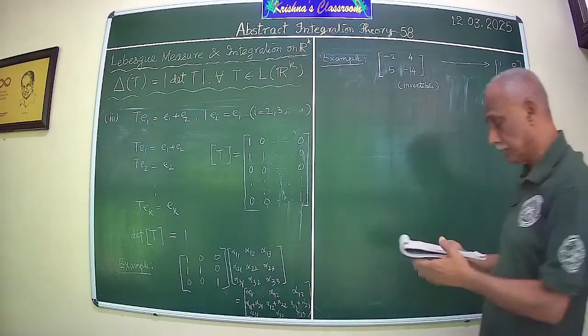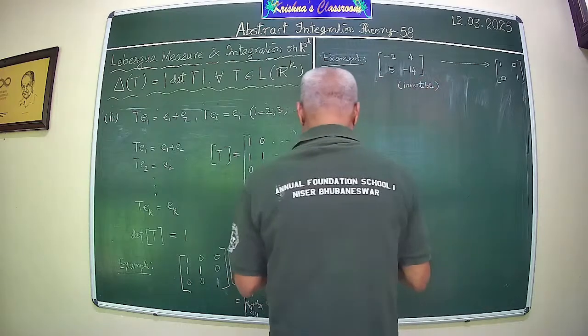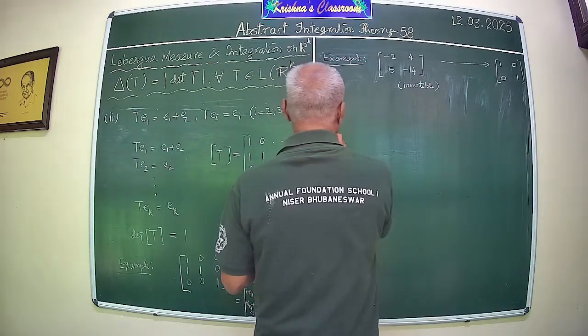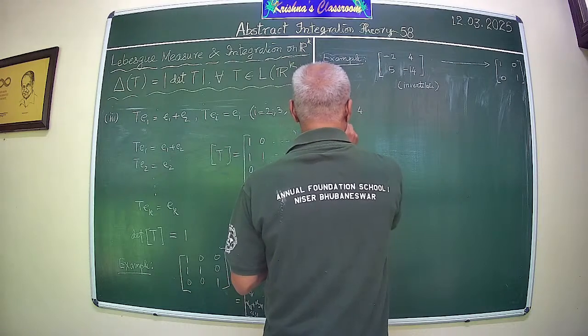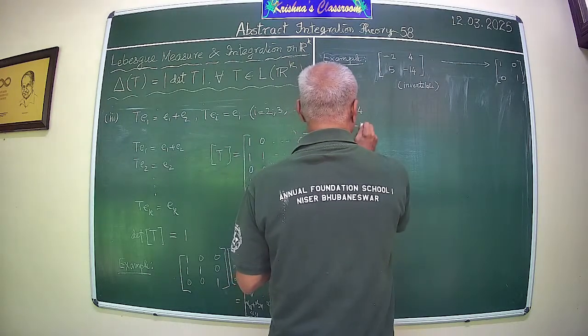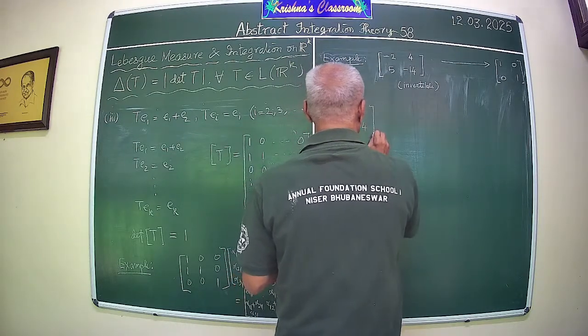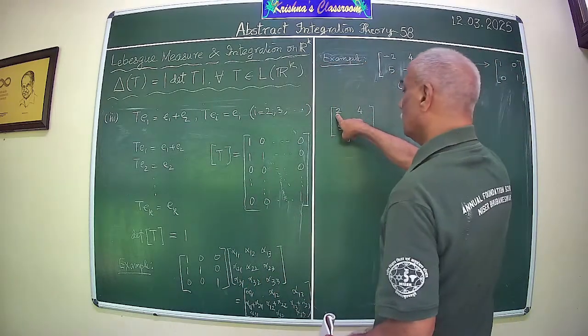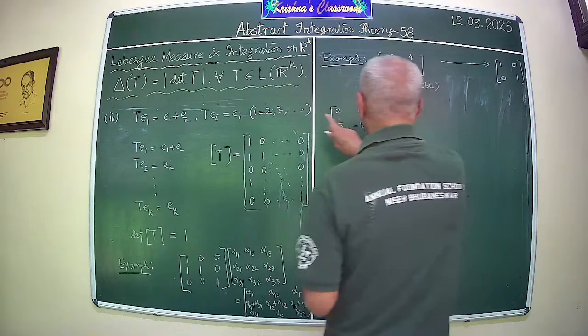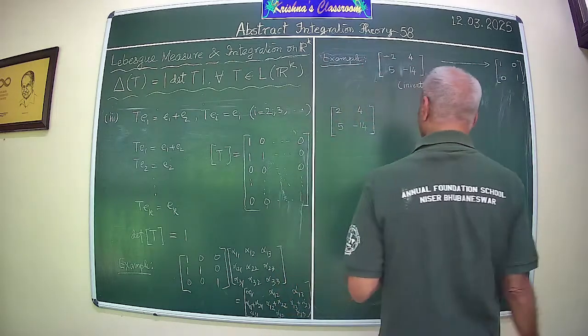So how do we do this? We'll take the -2, 4, 5, -14 and then bring 1 here. To bring 1 here, what do you do? Take the first row and multiply by minus half.